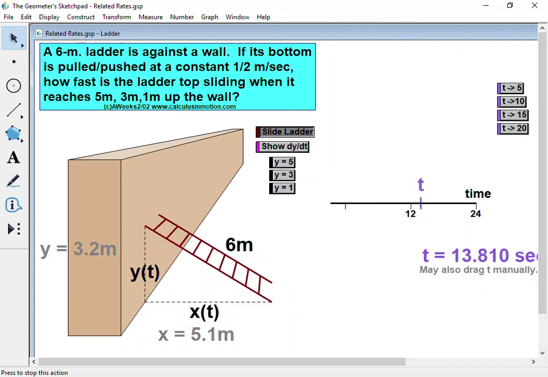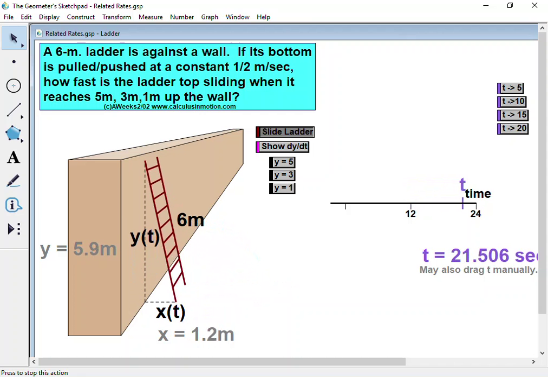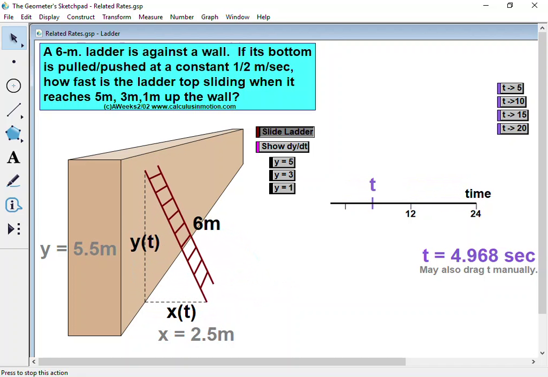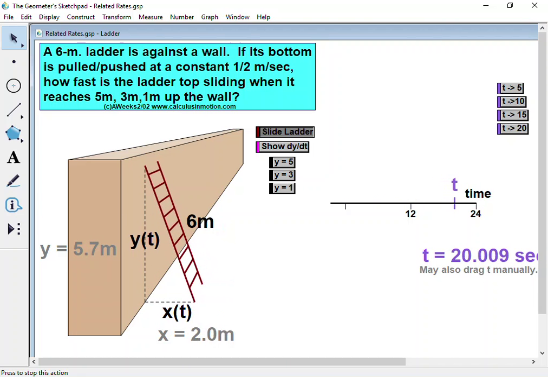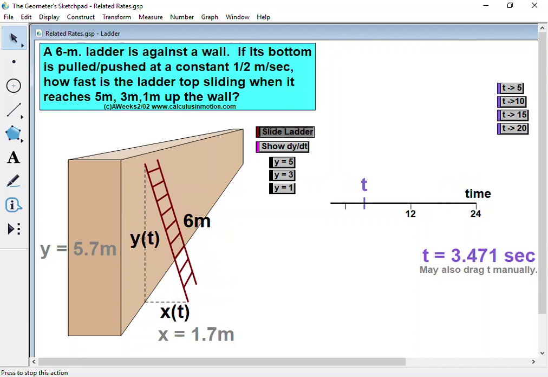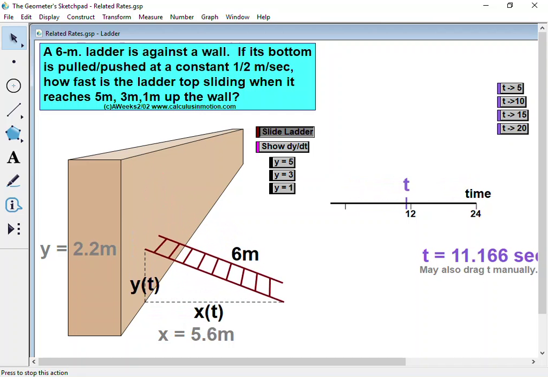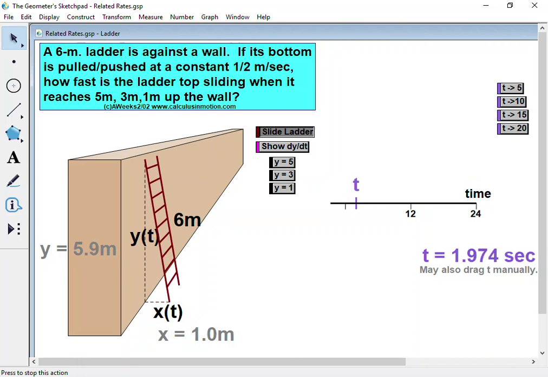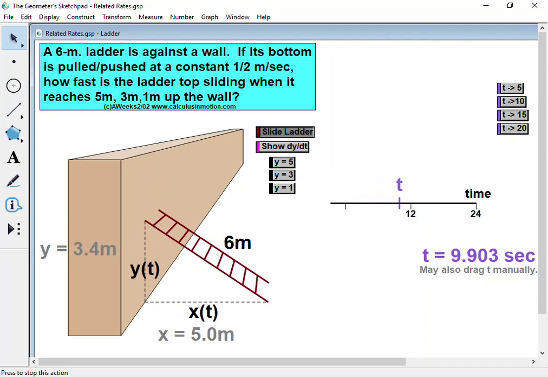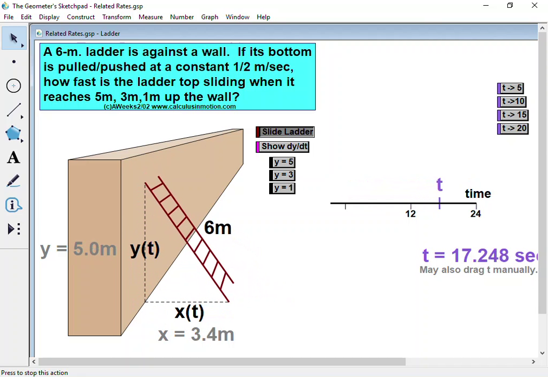But notice that the x here is being pushed and pulled at a constant rate. So this is the same rate, but it's slower up here, and then it gets super fast. The rate of y changing is super fast down here. But the two rates are related. So whatever this is doing changes whatever y is doing.